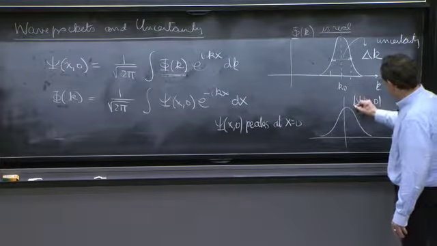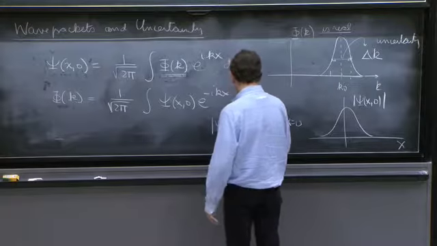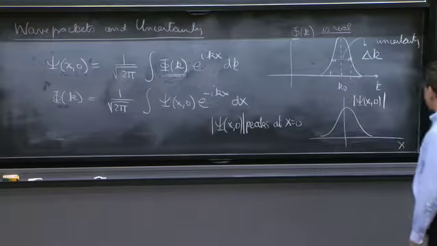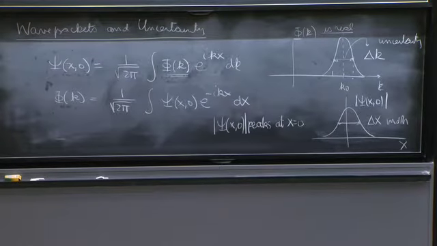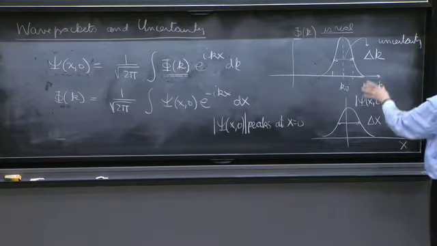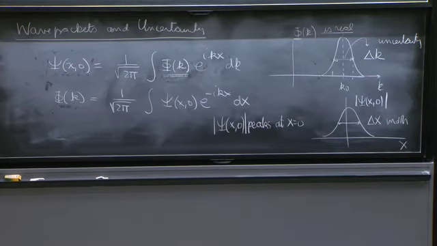So it's reasonable to plot the absolute value and to say that psi, absolute value, peaks at x equals 0. And there will be some width, as again here, delta x width. And that's the uncertainty in psi of x. So the whole point of our discussion for the next 10 minutes is to just try to determine the relation between delta k and delta x and understand it intuitively.